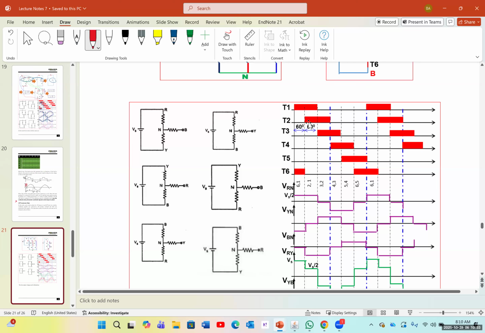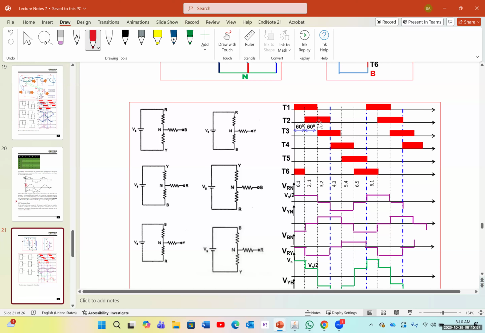After 60 degrees, T2 comes in. And then after that, T1 is turned off. T3 turns on, and we still have T2. And then T2 turns off. T3 continues, T4 kicks in. T4 continues, T3 turns off. T5 kicks in. And then the cycle just repeats.